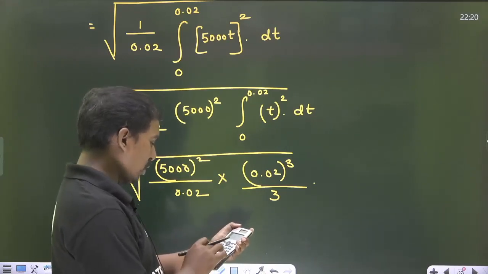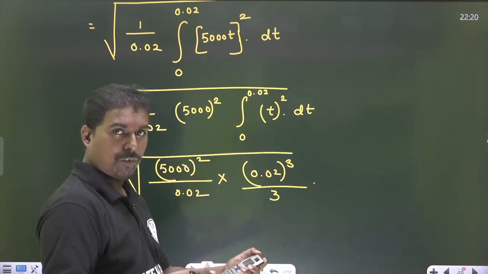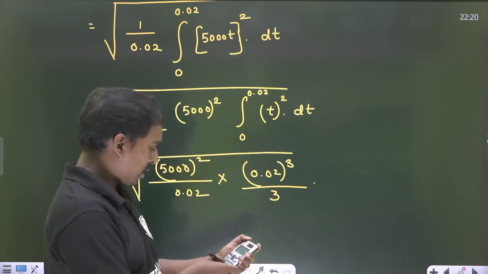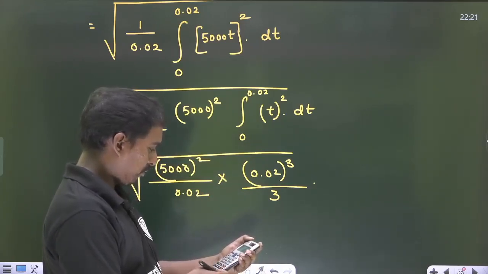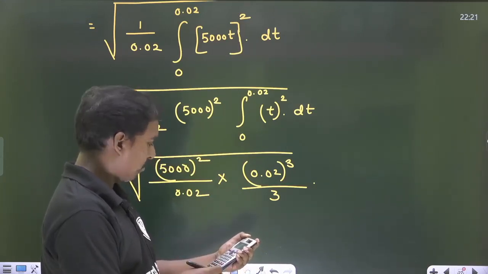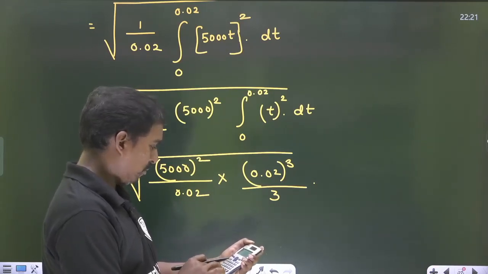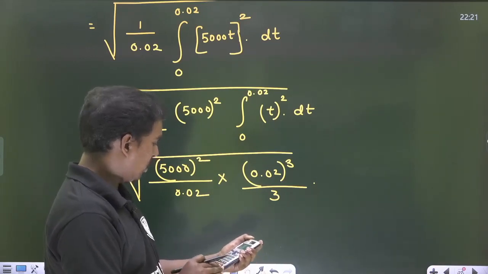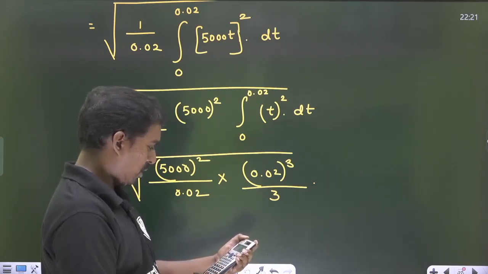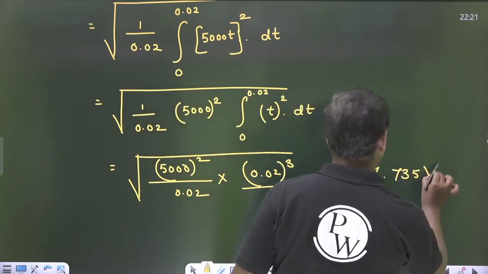I will take another tip also, network theory: the RMS value of a sawtooth wave or triangular wave is peak voltage by root 3. That is also one method, but this is the standard. 0.02 whole power 3 divided by 3, times 5000 square, put the answer, 57.7 volts.